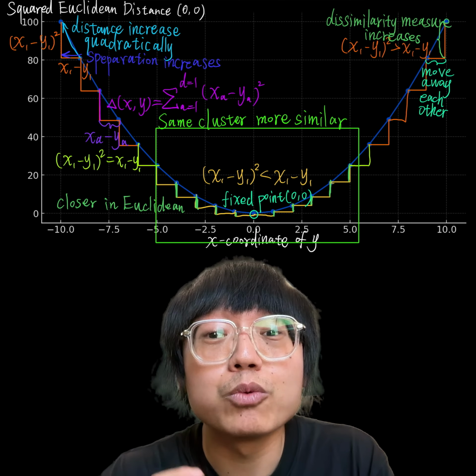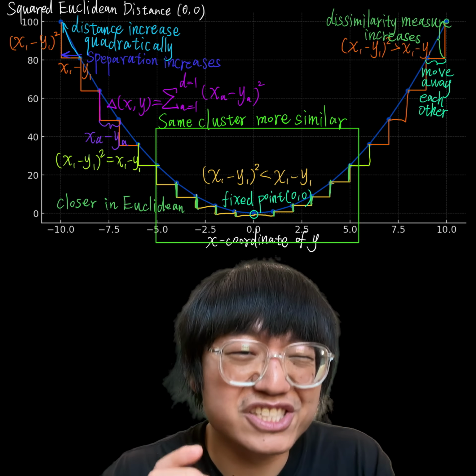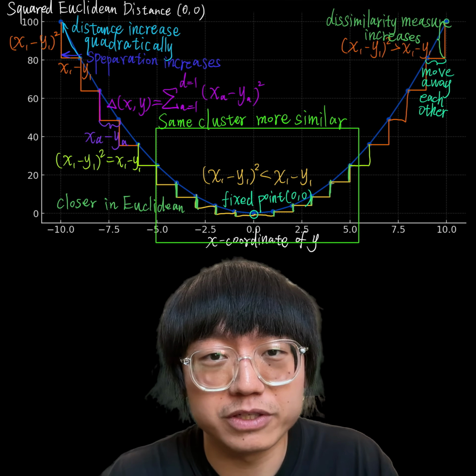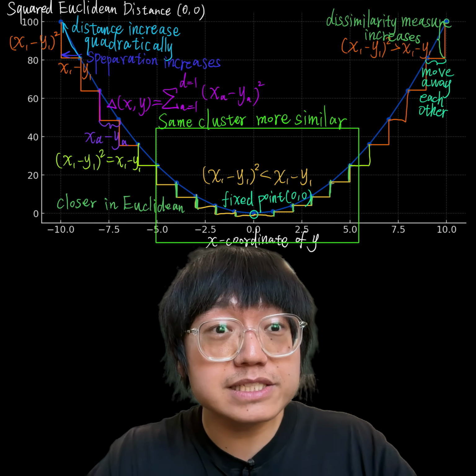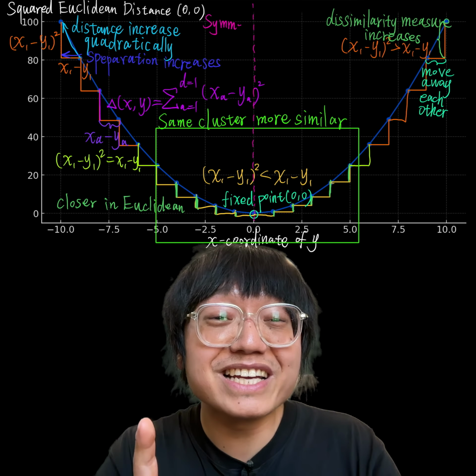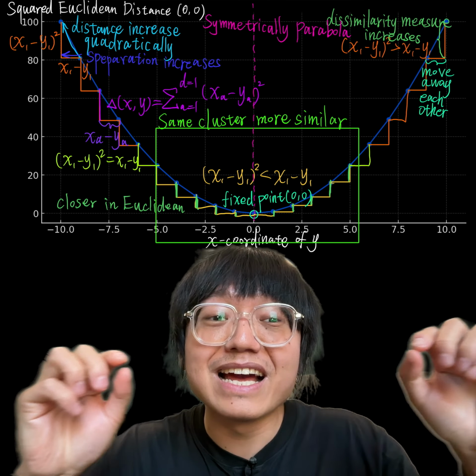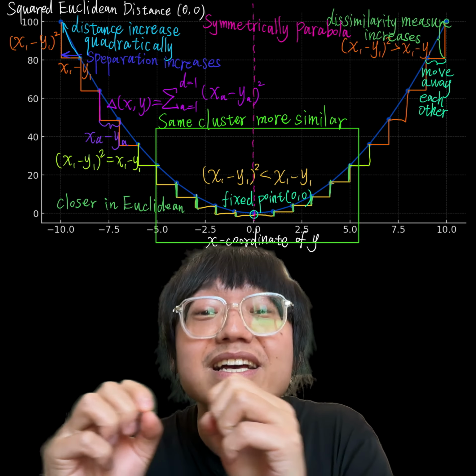In this 1D case, it involves just the x-coordinates since the y-coordinate is 0 for both points. As we can see, the distance forms a parabola, which indicates that the squared Euclidean distance increases quadratically as the separation between the two points increases.